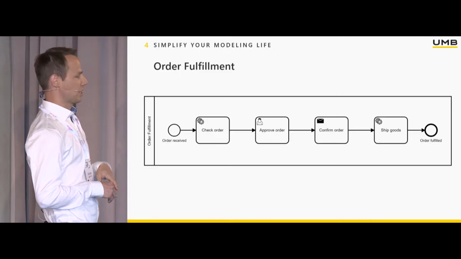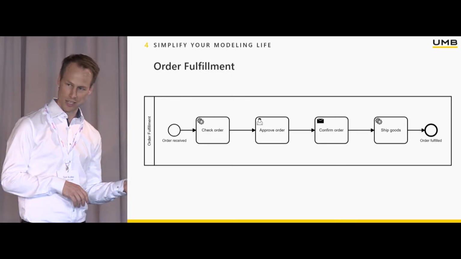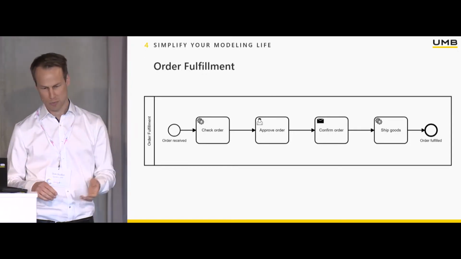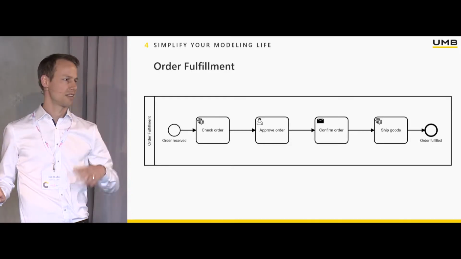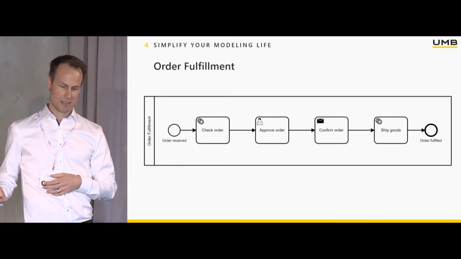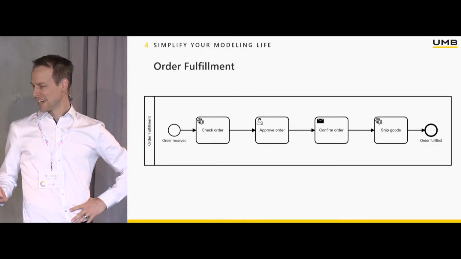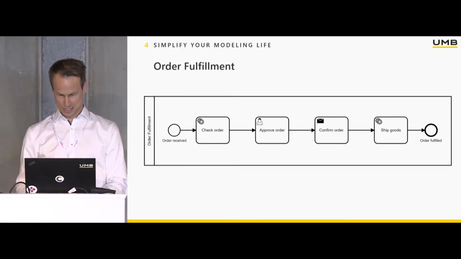We can place an order, and when we have an order received, we can check the order. This is an automated task. Then the order has to be approved by a person, a manual human task. Then we send the confirmation, and finally we ship the goods. So this is how the process should work. And it seems it does not work. So let's have a look.